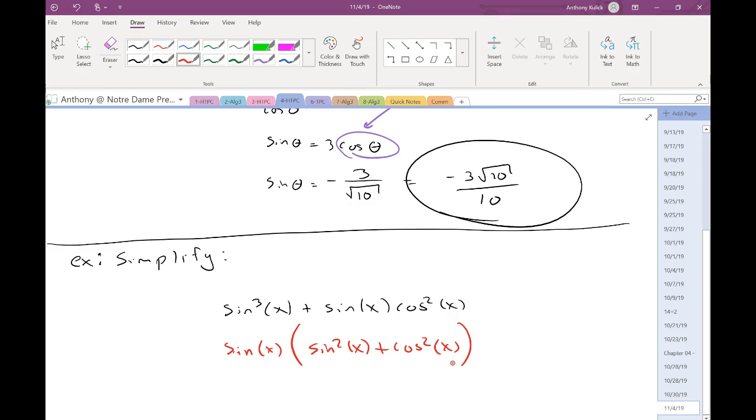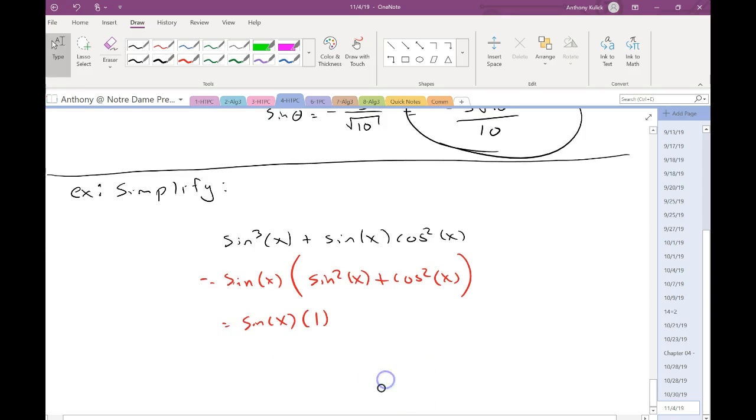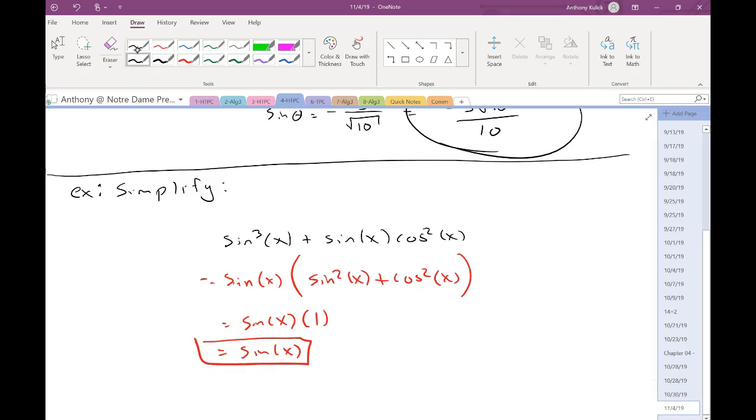Yeah, now we see an identity staring at us in the face, right? We know that sine squared plus cosine squared is 1. And 1 times sine x is just sine x. And as we mentioned, the best case scenario is to get down to a single trig function like that. So here we are done.